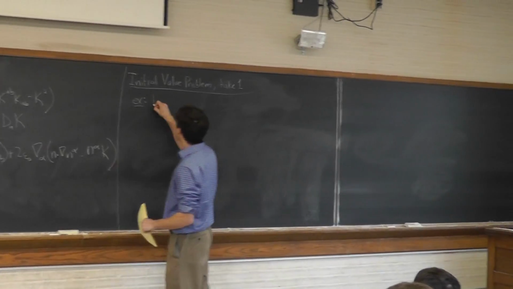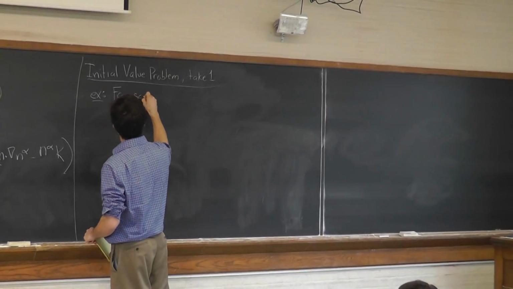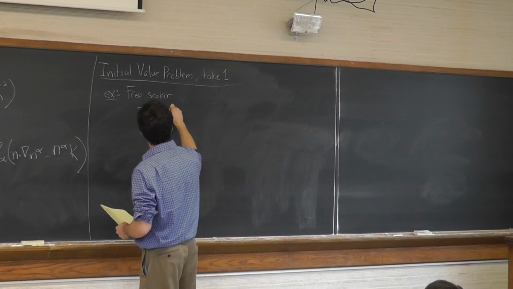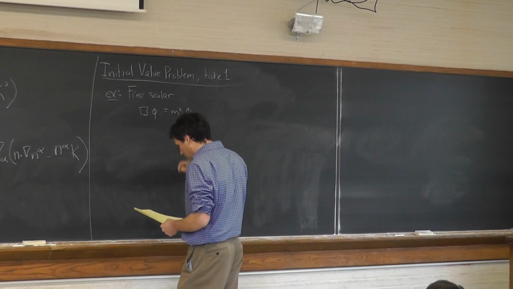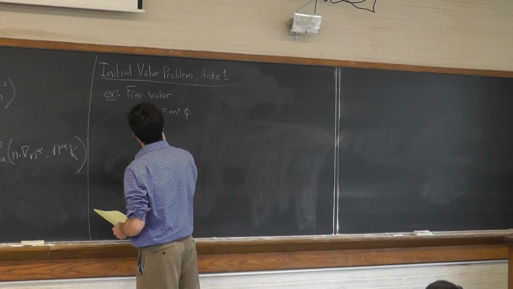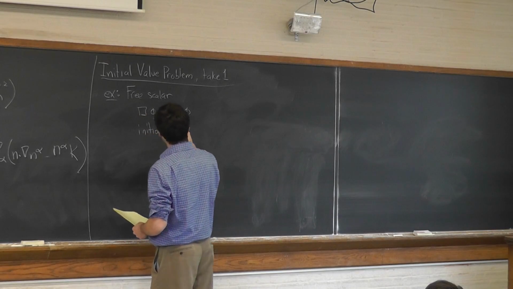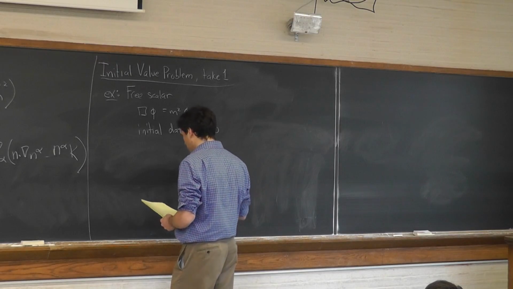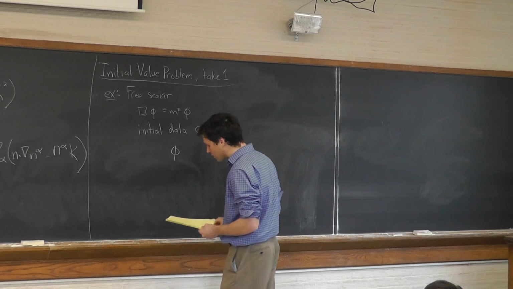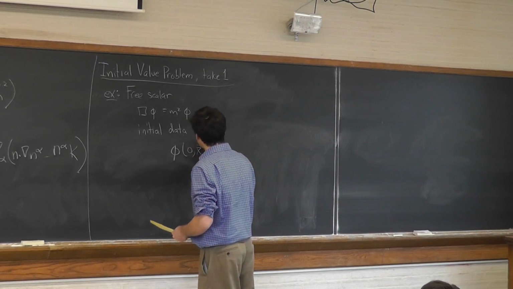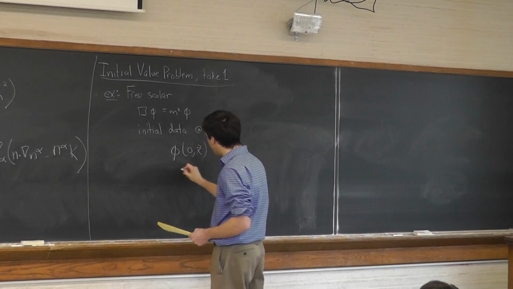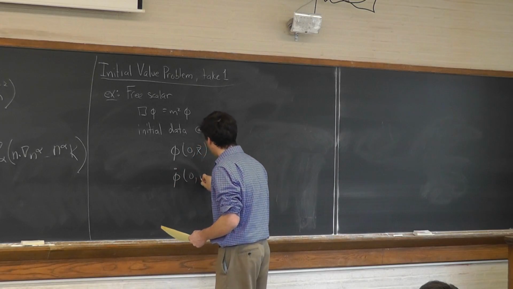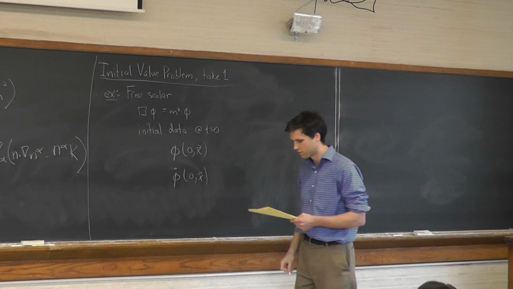So for example, if we have a free scalar, we write box phi minus m squared phi equals 0. We specify the initial data at t equals 0. It's a second order equation, so the initial data is the value of the field, phi of 0, x vector, and phi dot of 0, x vector.